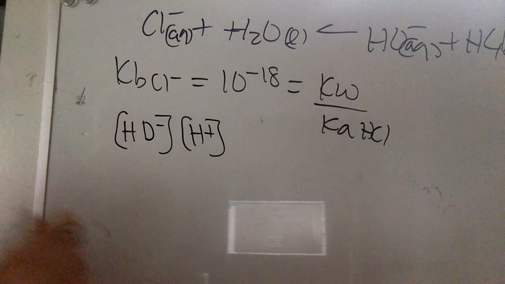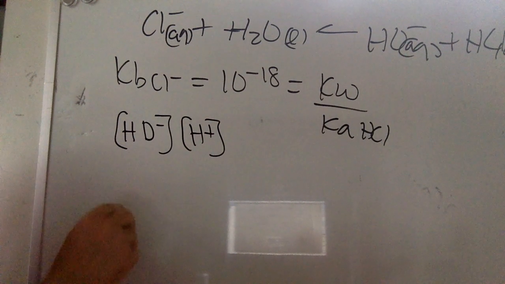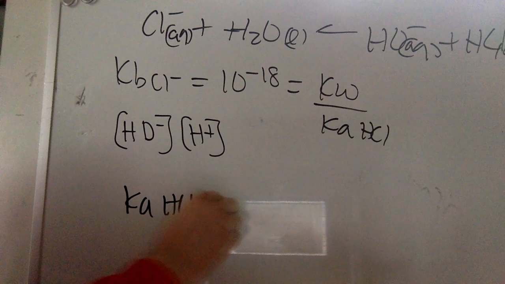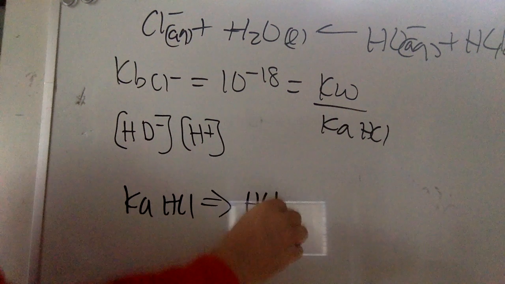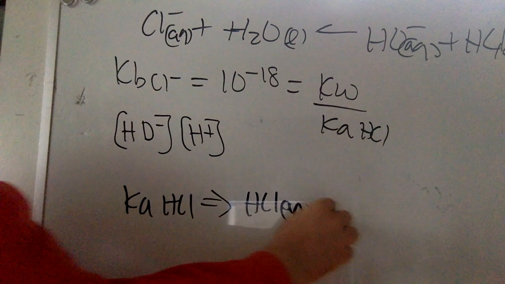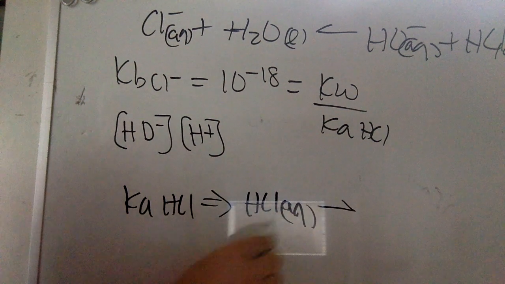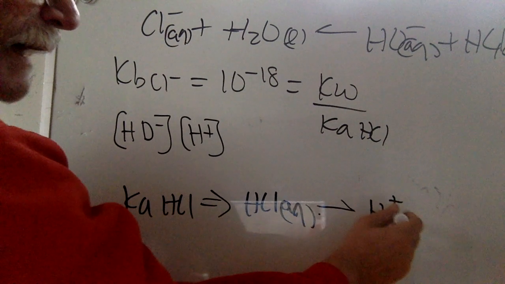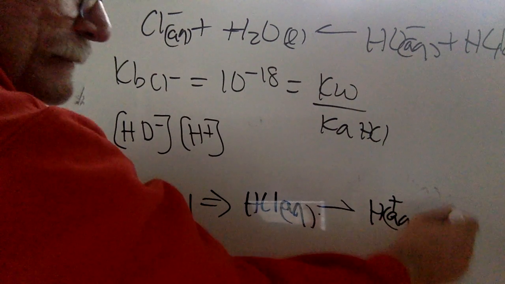And then my Ka, let's look at that. The Ka for HCl is related to the following reaction. I got HCl, aqueous, strong acid. Products are preferred, which are the ions, hydrogen ion plus chloride ion.